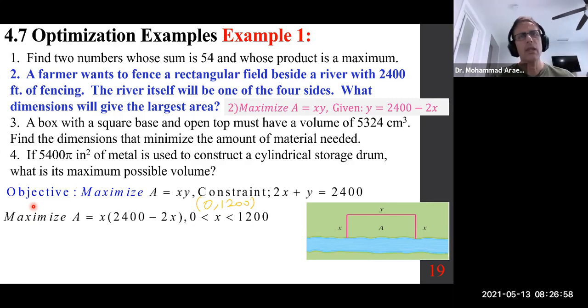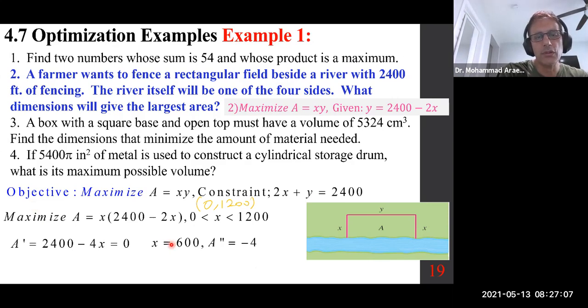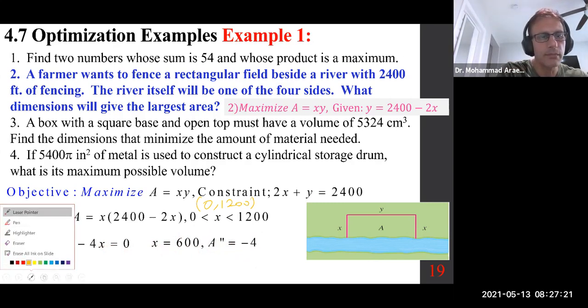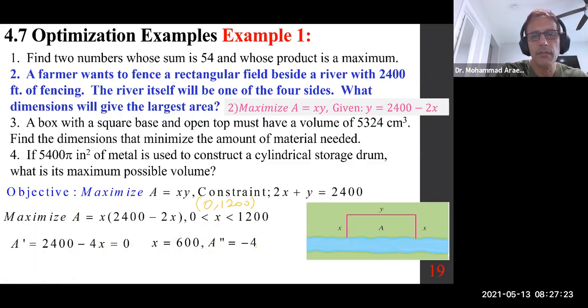So let's find the critical point. A prime is 2,400 minus 4x, set it equal to 0, and x becomes 600. Now you have just found the critical point. Now you find the second derivative, and you don't really have to plug in 600 because it's a constant. Negative means concave down, looking like this, the maximum.